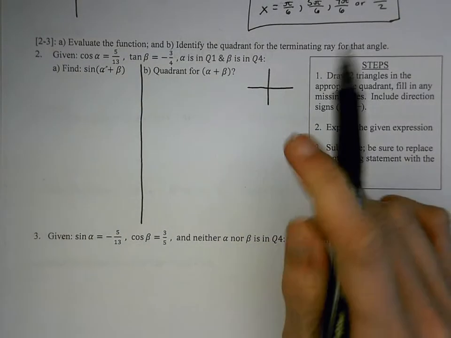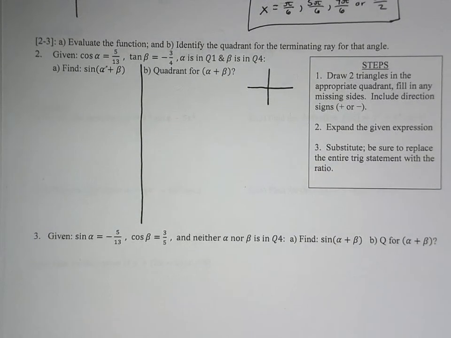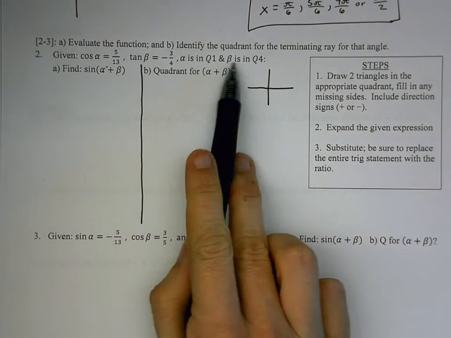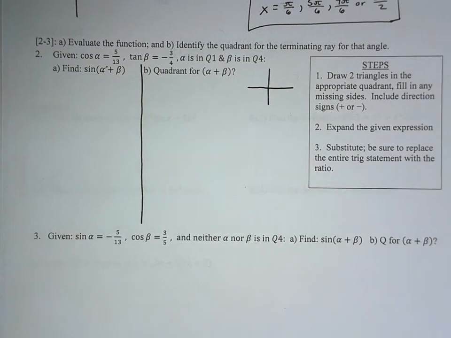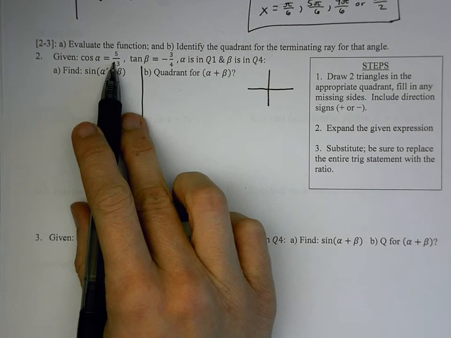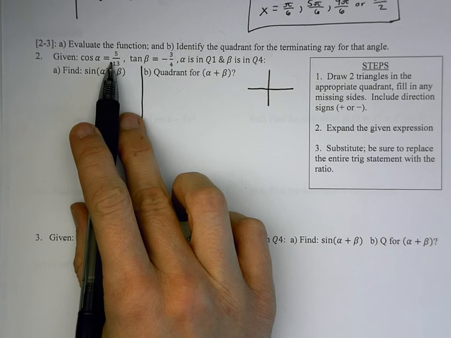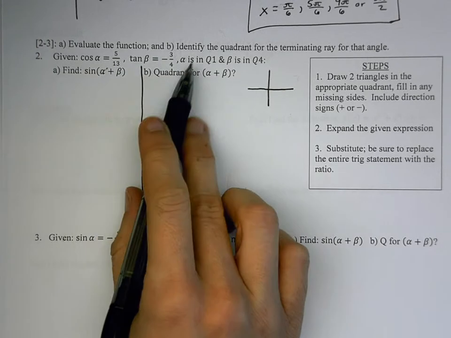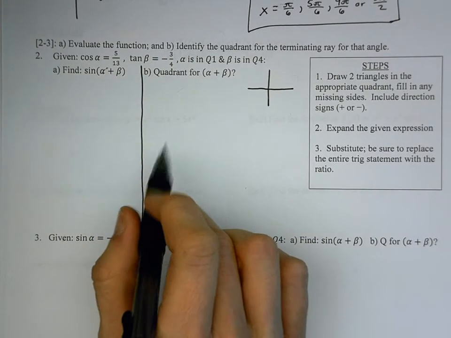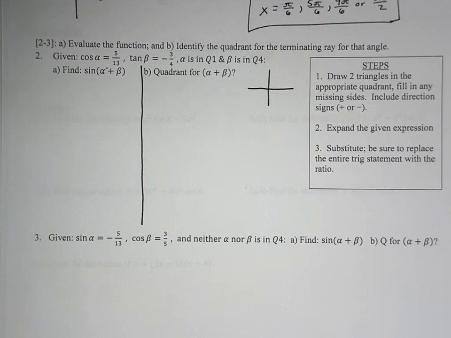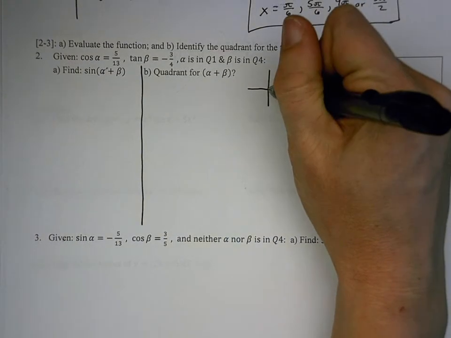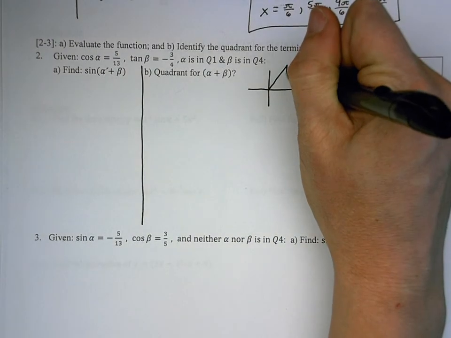So we should already have that in our mind even before we read what's at the end. I should know up front that I'm going to be drawing my triangle here in either the first or the fourth quadrant because cosine is positive. And then I get back here and they tell me alpha is in quadrant 1. Perfect. I knew it had to be in either quadrant 1 or quadrant 4. I'll go ahead and draw my triangle in here.